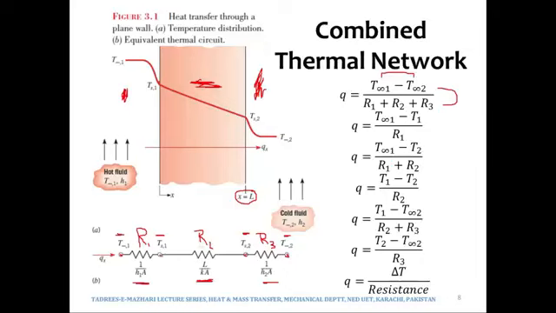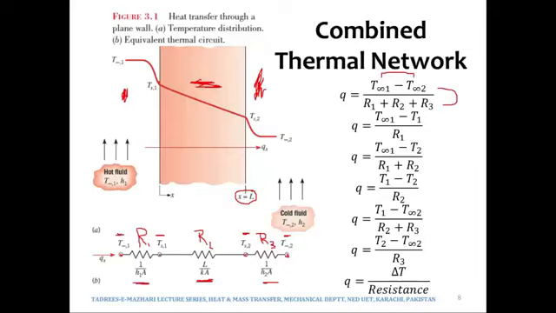Now it is not always necessary that we start with T infinity 1. We may start with TS1 or T1. So if we write T1 minus T2 in the numerator, then in between TS1 and TS2 we only have R2 in the denominator. So therefore we will write R2 in the denominator.